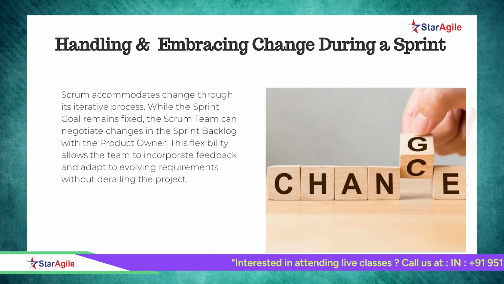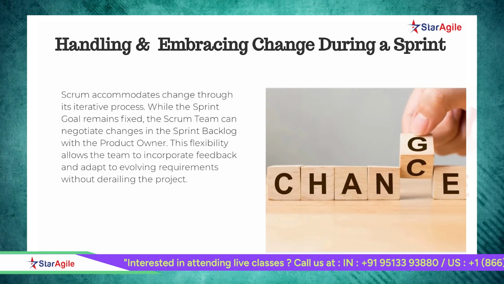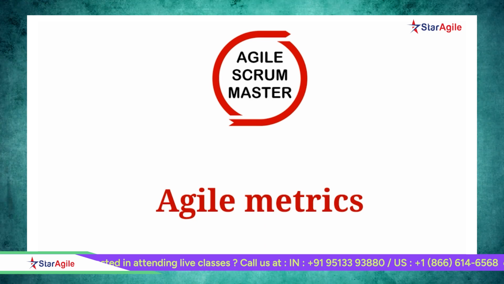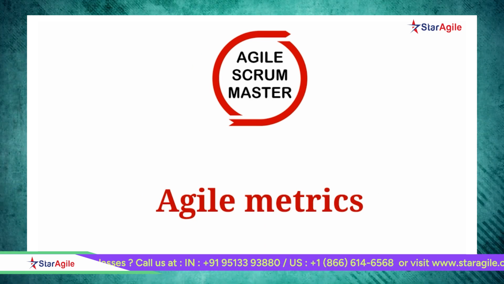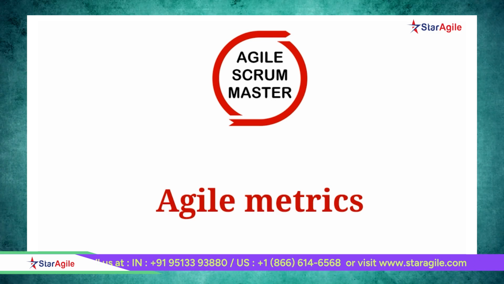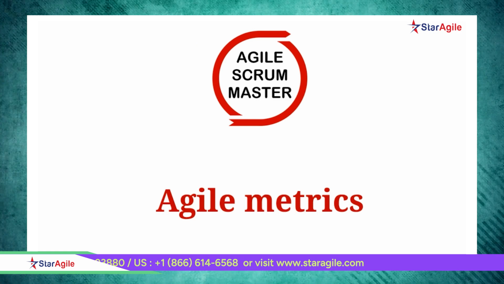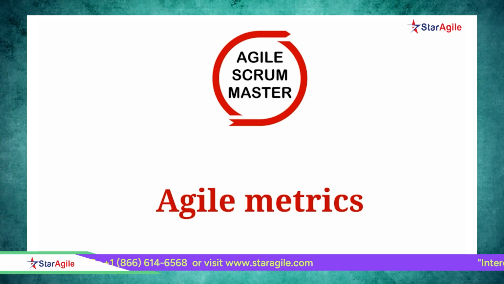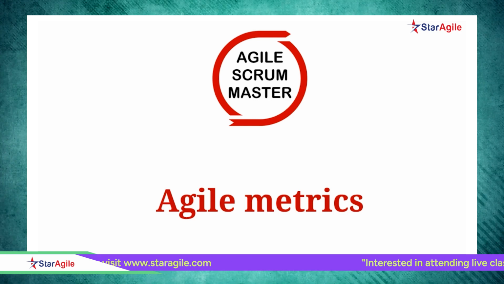Agile metrics. Metrics are measurable parameters or indicators used to assess the performance, progress, and effectiveness of various aspects of a project, process, or a system. Metrics provide quantitative data that can be analyzed and interpreted to make informed decisions, track trends, and drive improvements.